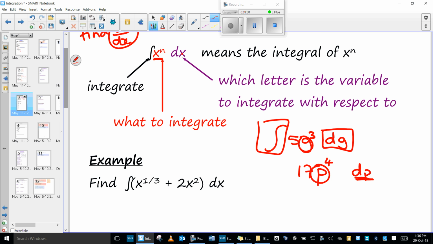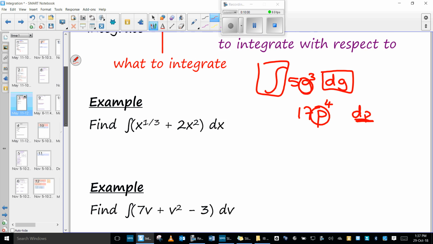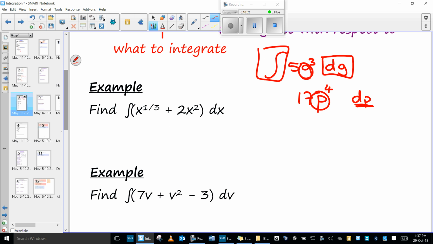So, find the integral of x to the power 1/3 plus 2x squared. Anyone? x to the 4 over 3, nice, over 4 over 3, because we're adding one whole one, remember? Plus 2x cubed over 3.